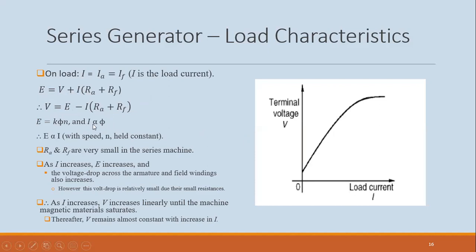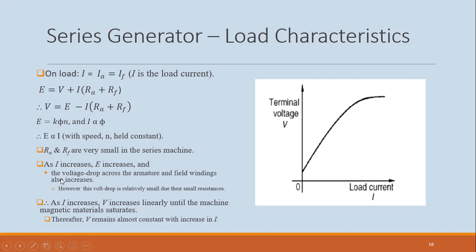Now again, I is proportional to the flux, the current flowing through the field winding, and E is proportional to I. Now RA and RF are small for the series machine. So as we increase I, flux is increasing, so E is increasing. But at the same time, as I increases, you have an increased voltage drop across here.